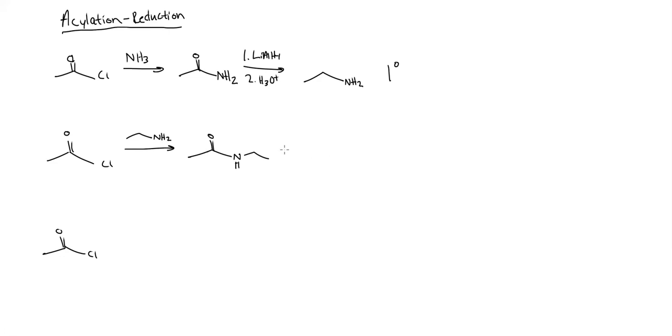And then again, I would use lithium aluminum hydride followed by acid. And then I just get rid of that carbonyl group and everything else stays the same. This is a good way to make a 2-degree amine.